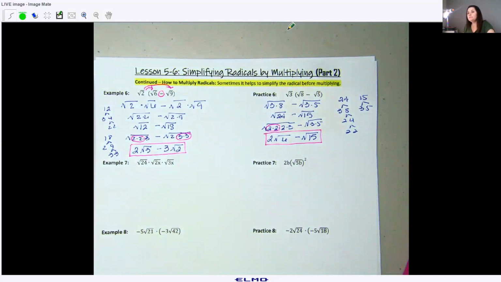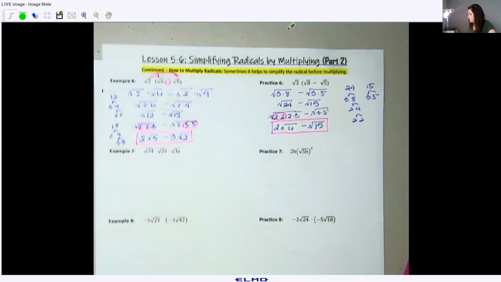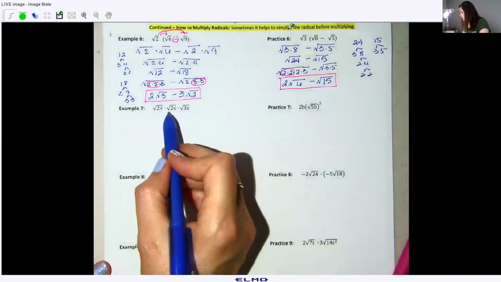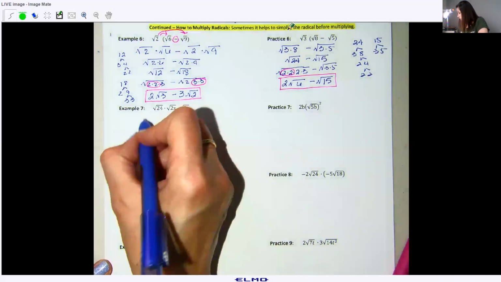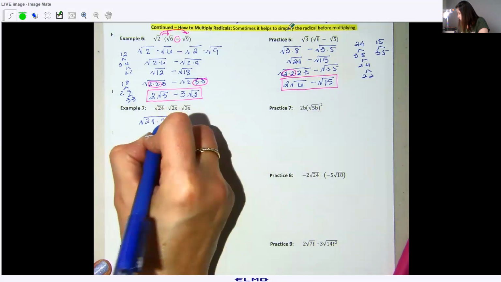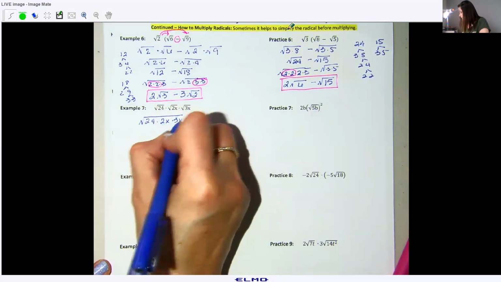All right. Now we're going to start looking at some of the different types of problems. So we are going to go ahead and combine all of these together. So we have 24 times 2x times 3x.